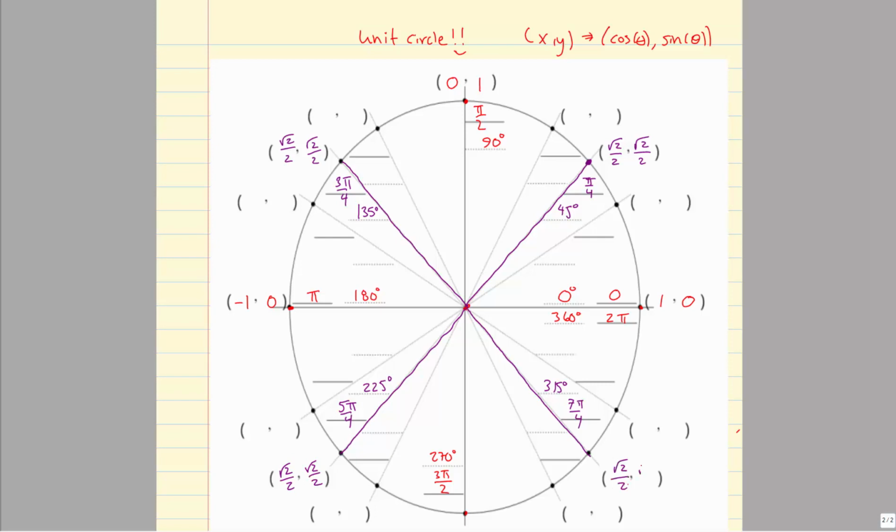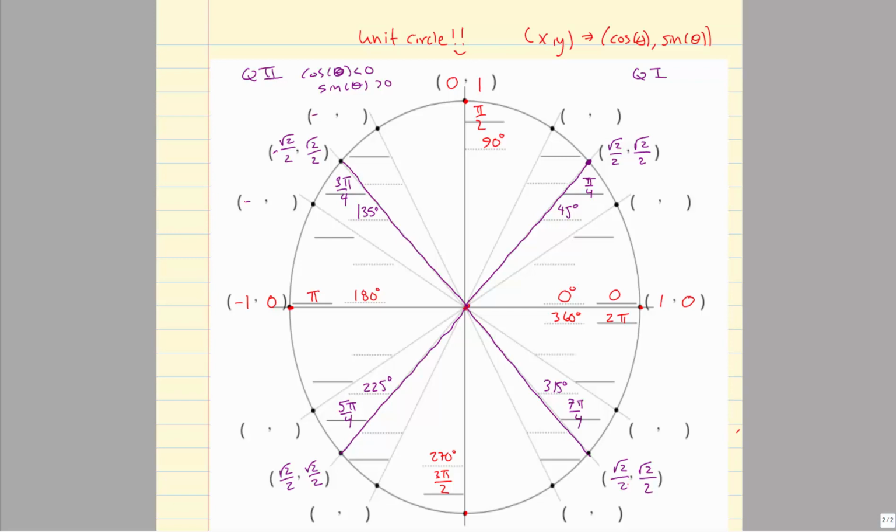Now the trick to this is I need to figure out which ones are positive and negative. So in the second quadrant, so this is quadrant 1, quadrant 2, cosine of theta is negative, sine of theta is positive. In fact, if I wanted to, I could fill all these in as negatives.